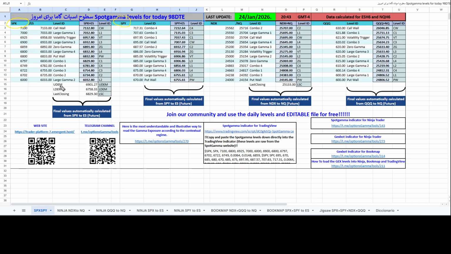What do I mean? That combo 1 in SPX is shared with combo 1 in SPY. They both have a significant gamma exposure there in both option ladders. For that reason, spot gamma put the combo here, because the price sometimes reacts at that combo.